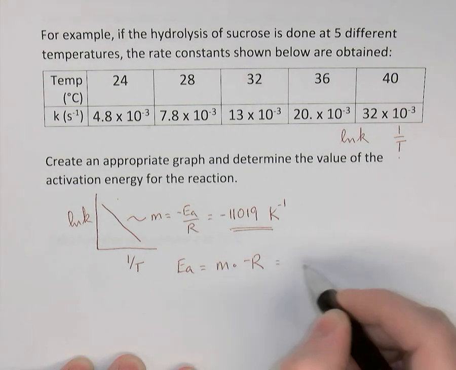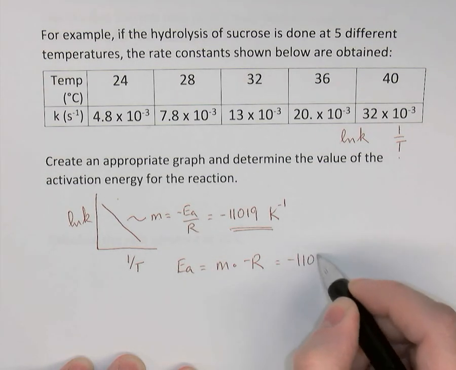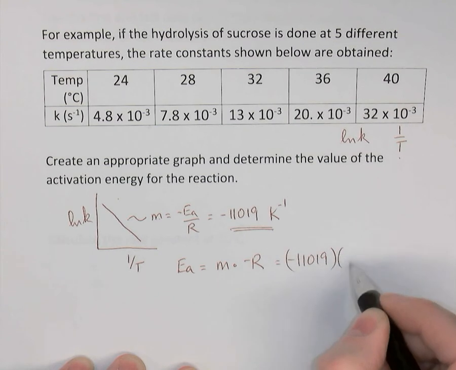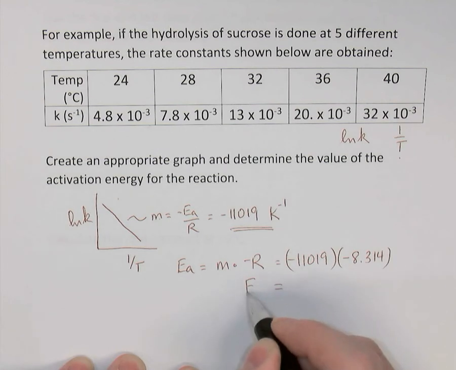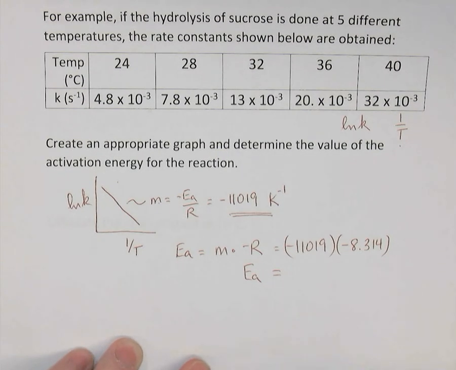So that's going to equal the slope, negative 11,019, times R, negative 8.314. And notice we're going to get a positive answer for activation energy. It must be a positive quantity. So negative 11,019 times negative 8.314.